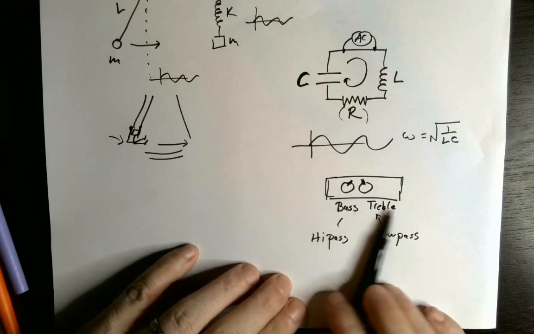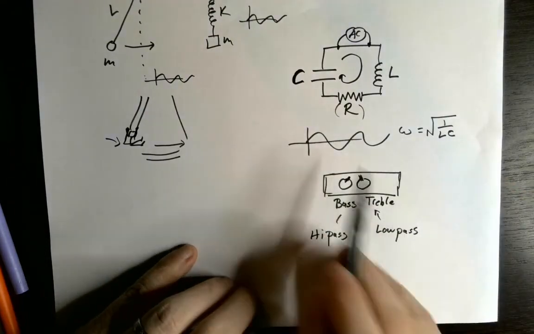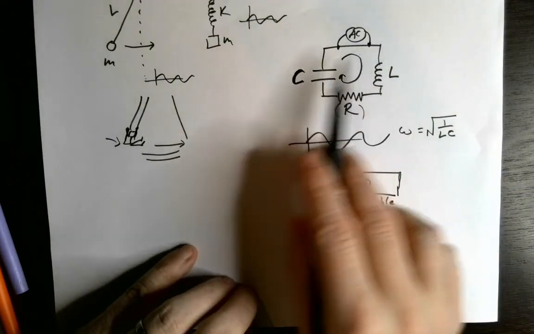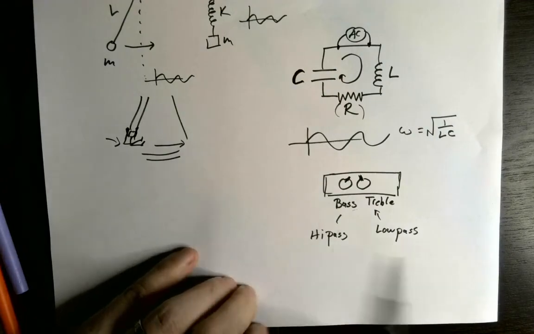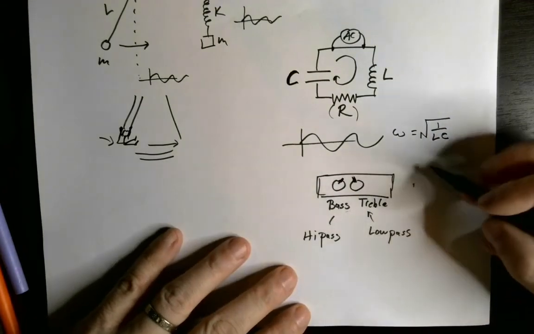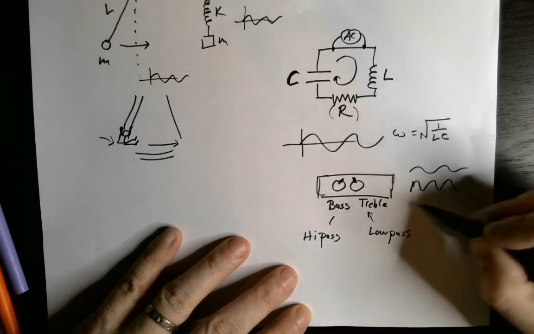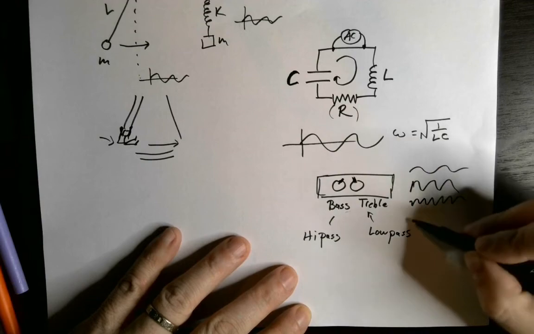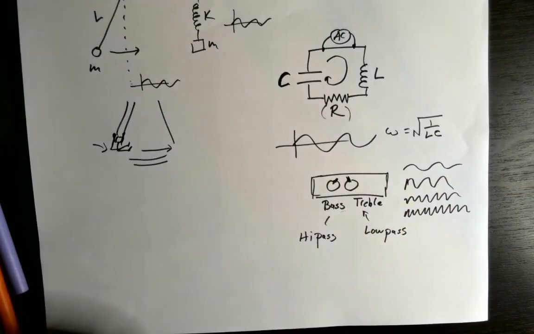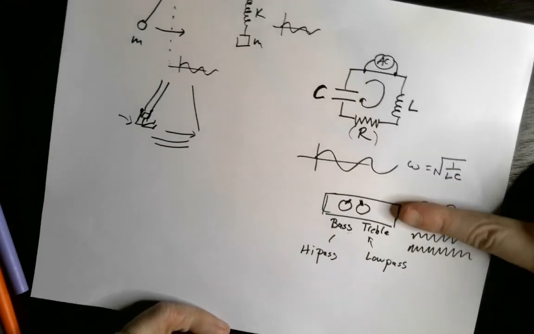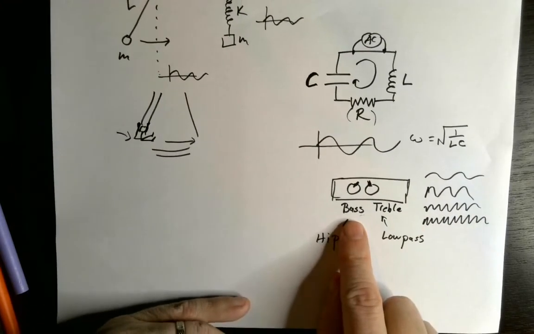So what a treble knob physically did when you turned it is to change the resonant frequency of some combination of capacitors and inductors, such that if you have a bunch of different frequencies, low frequencies and really low frequencies and high frequencies and really high frequencies, it would preferentially kill the lower frequencies and enhance the upper frequencies, where the bass would do the opposite.